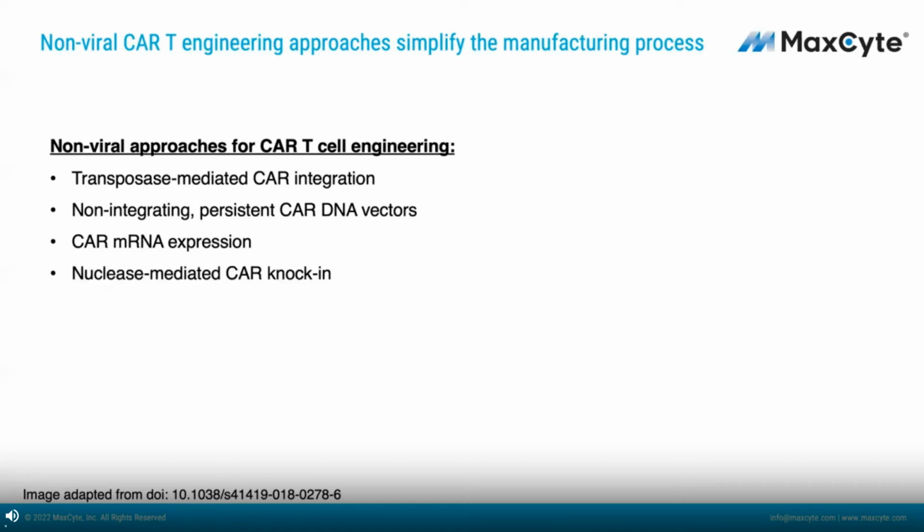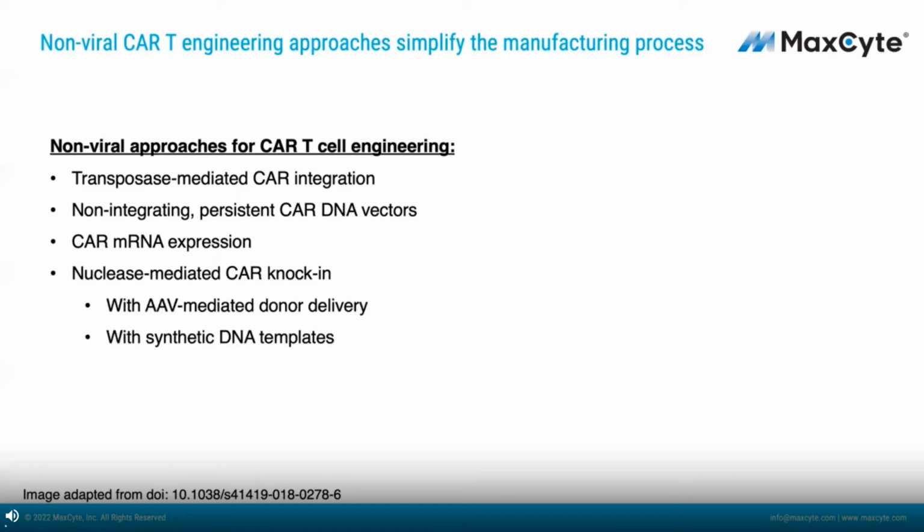Now, where a lot of focus has been more recently is developing nuclease-mediated CAR knock-in methods. And when I say nuclease-mediated, I'm talking about using something like a zinc finger nuclease, a TALEN, or more commonly CRISPR-Cas9 in order to introduce a donor template containing your CAR in order to specifically integrate your CAR construct in a site-directed manner.